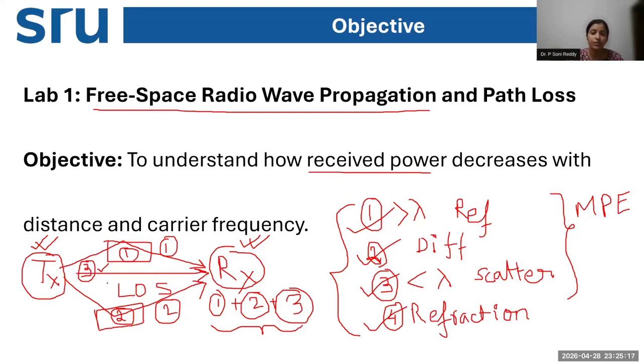So multipath means the signal generated from the transmitter follows different paths because of different obstacles present in the path or the channel, and they will suffer different kinds of phenomena due to these obstacles. Now, they are traveling different paths, meaning the distance traveled by each signal is different.